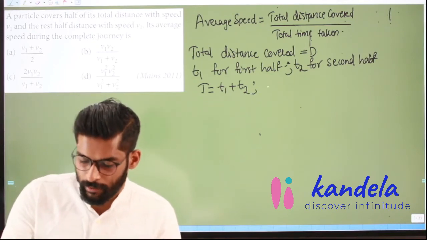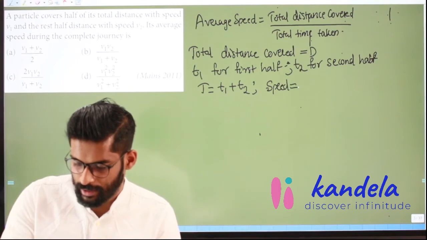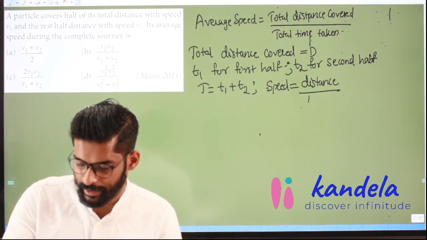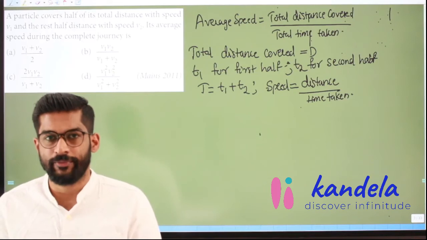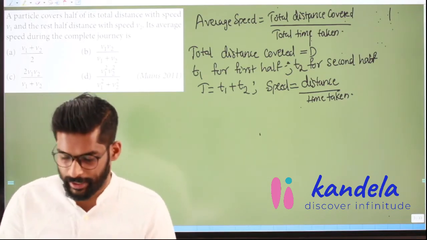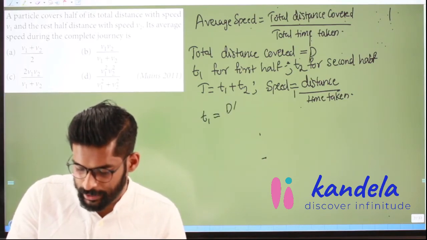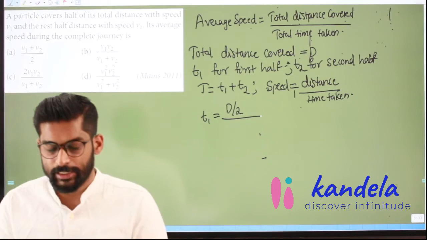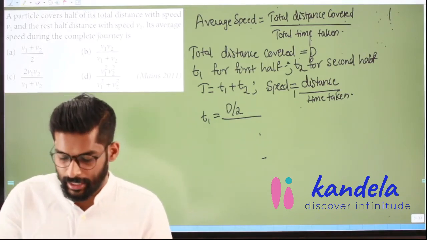Okay, t1. We know speed is distance covered divided by the time taken. So how much distance did we cover in t1 time? We cover d by 2 distance in t1 time. So I can find t1 as d by 2 divided by the speed with which we are traveling to cover d by 2 distance, which is v1.